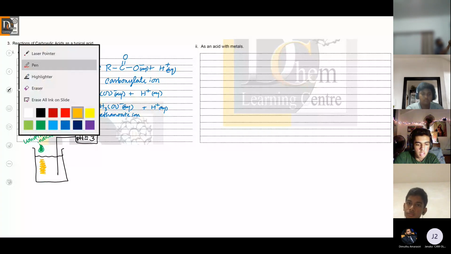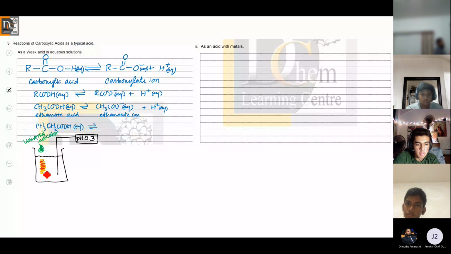Yellowish orange color. Right. So this is the universal indicator color. Not red, kind of orange color. If you compare them with the strong acids, of course, they have less acidity than the others.